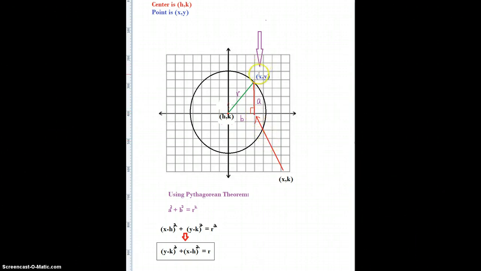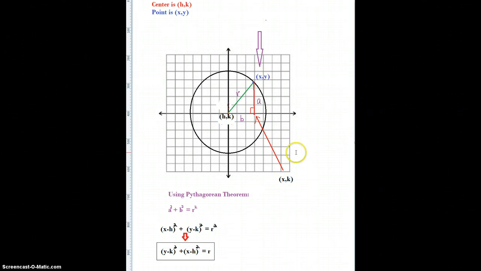It's exactly as far out in the x direction as the one above it. So x starts with x. Now what about the y? Y is the up and down coordinate. It's exactly as far up and down as the center is, so its y-coordinate is k. So this mystery point is XK.